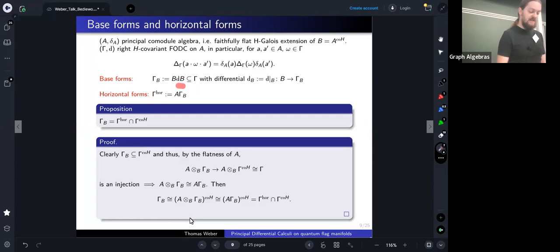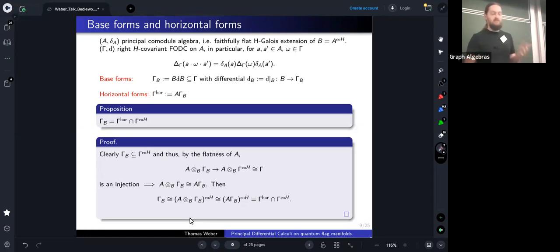We just say that this is kind of the pullback calculus. We can see B as a subalgebra of A. So we just take the elements that are spanned via B. And it's very easy to show that it's a differential calculus, with the differential simply being the restriction of the differential on A. Furthermore, we have this notion of horizontal forms, which is just the left A module generated by gamma B. Let me say that there are different conventions.